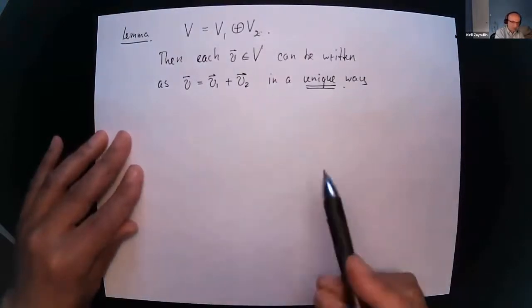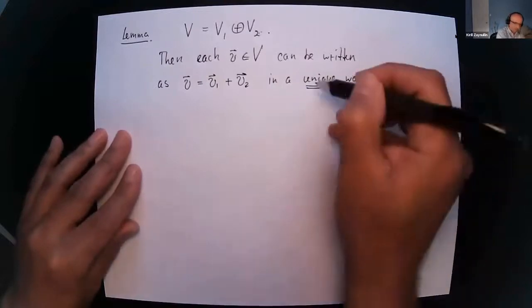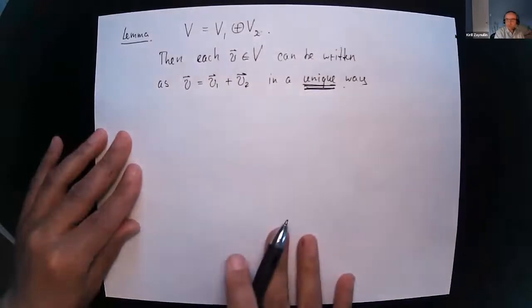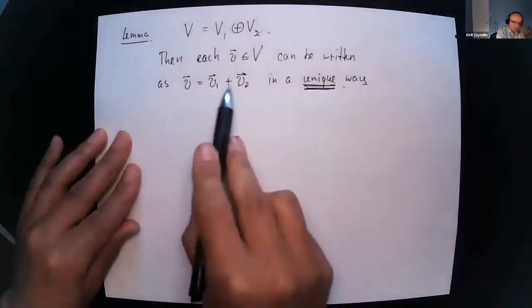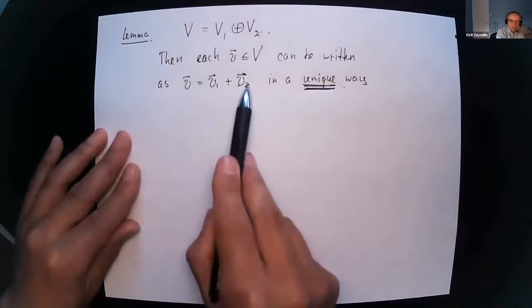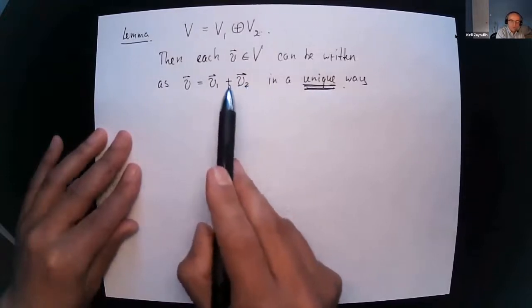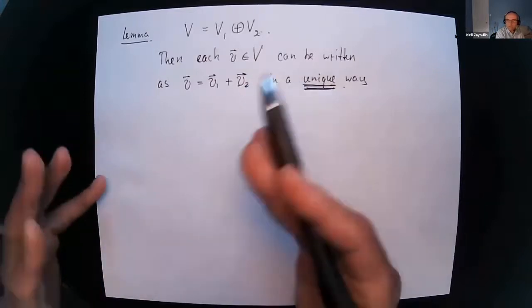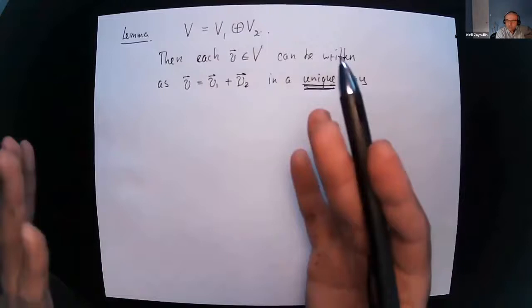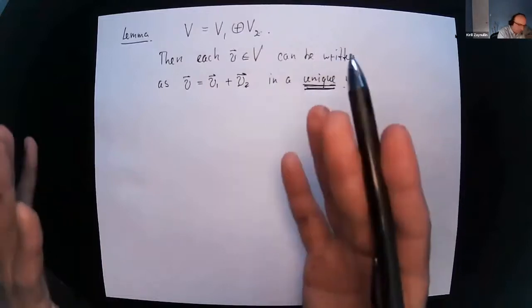But the crucial thing that we would like to say is that this is a unique expression. So whenever we have some other expression like this, these two vectors, V1 and V2, just have to coincide.